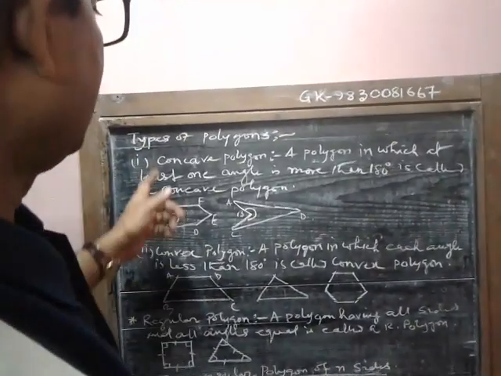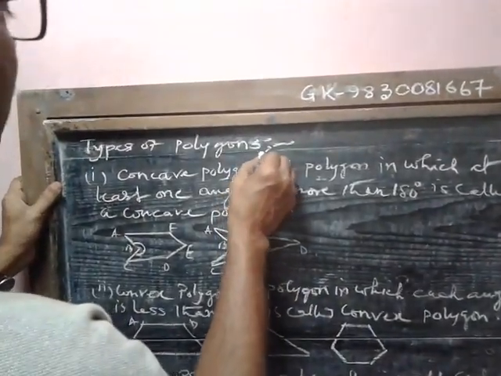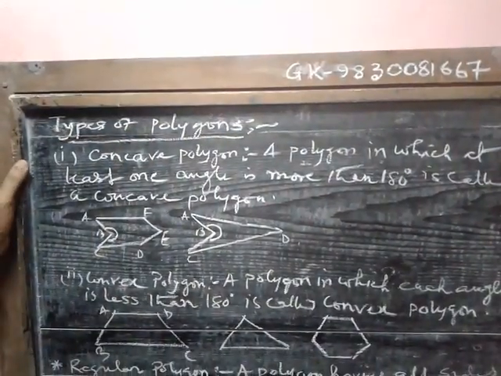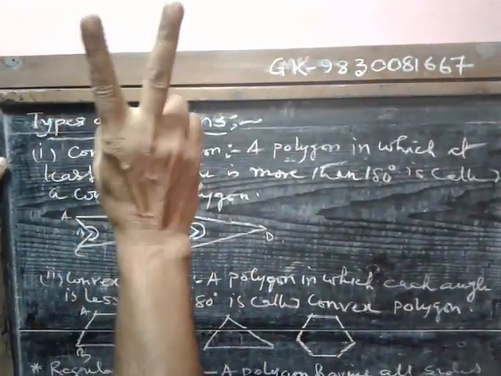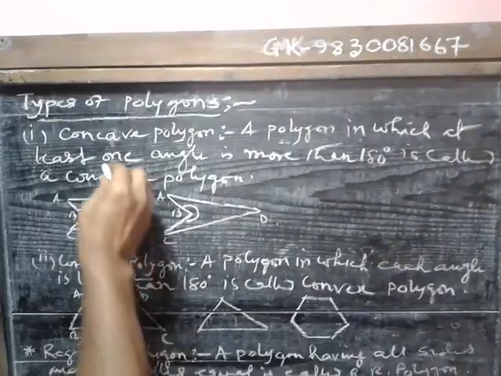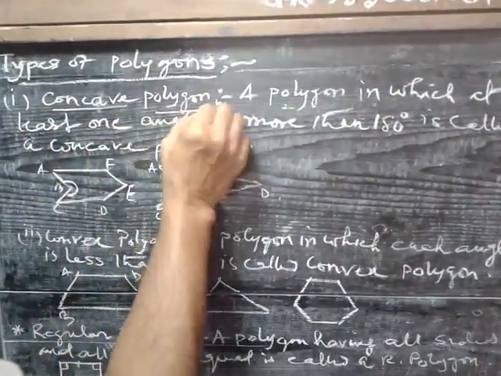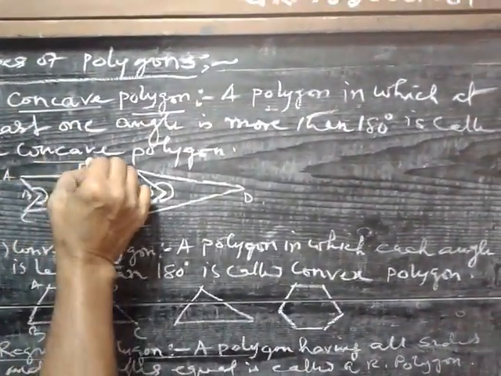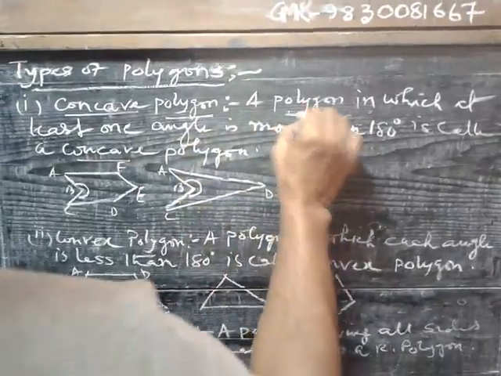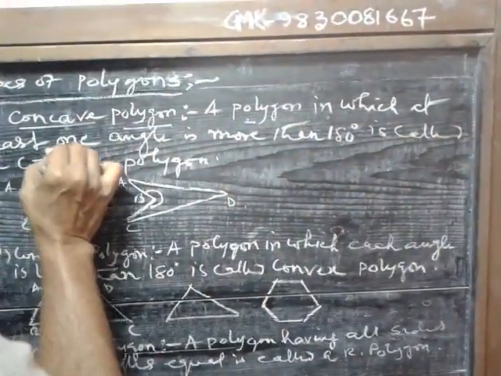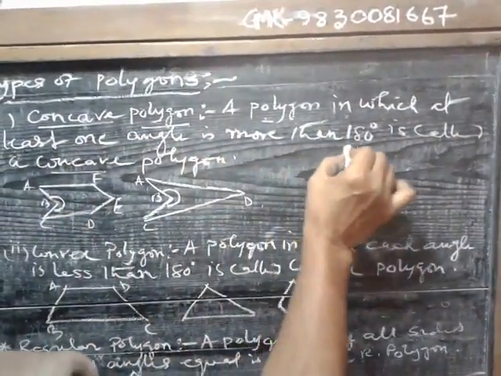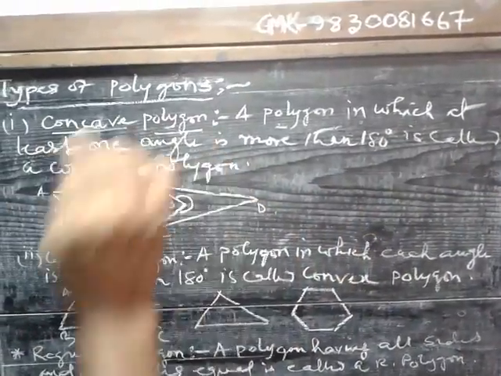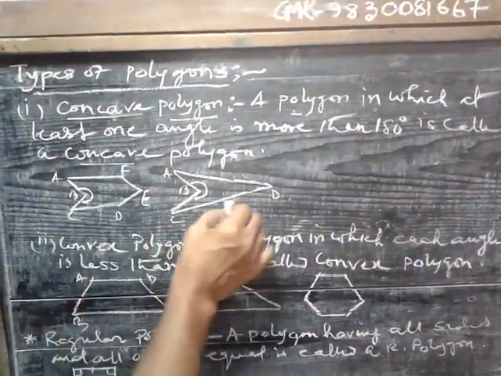Now we will classify these polygons. What types of polygons are there? There are two types of polygons specially: one is called concave polygon, another is called convex polygon. Concave means a polygon in which at least one angle is more than 180 degrees. See, these are two polygons.